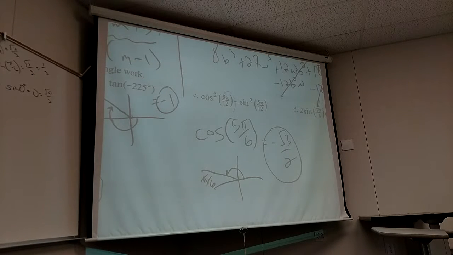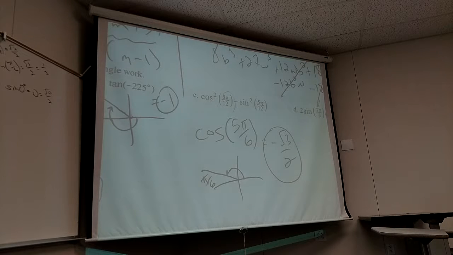Yes, ma'am? So you mean in that example, the 2a is equal to 5 pi over... No. What's the problem? Cosine squared of 5 pi over 12 minus sine squared of 5 pi over 12. That's the problem, right? So how can we rewrite that? What's a going to be then? 5 pi over 12. Yeah.